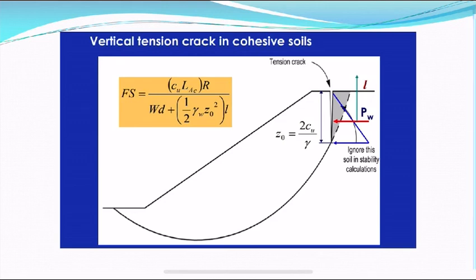The factor of safety determined by this method is Cu into L suffix AC, the length of the arc, into the radius, divided by W into d plus half gamma w into z naught squared into l. Here l is the vertical distance measured from the center of rotation to the location of the horizontal force.